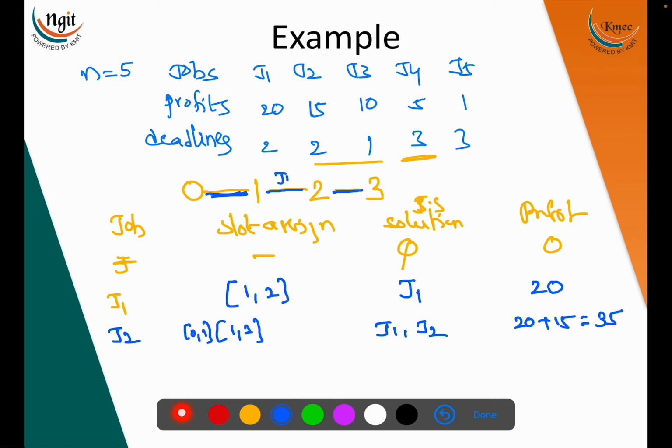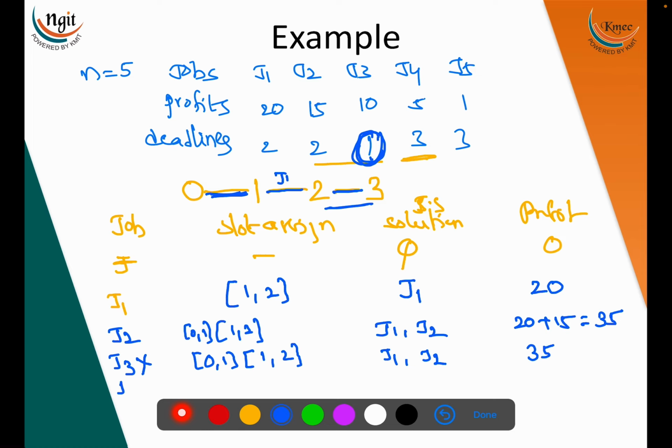Let's see whether J3 can be included. J3 can wait only 1 hour of time, so it needs the first slot, and obviously you cannot place J3. Hence J3 is rejected because the 0 comma 1 slot and the 1 comma 2 slot are both occupied. So I can process only J1 comma J2 with a profit of 35.